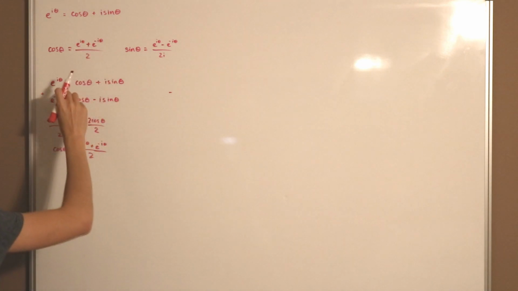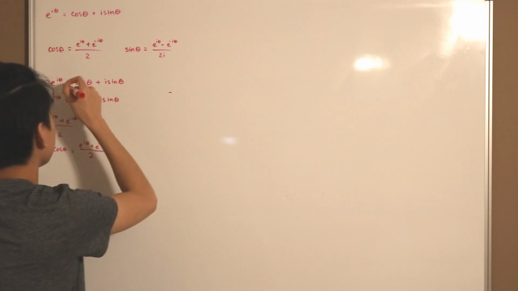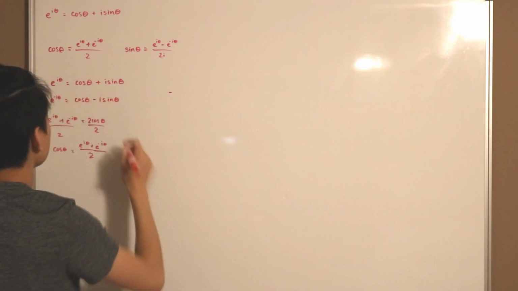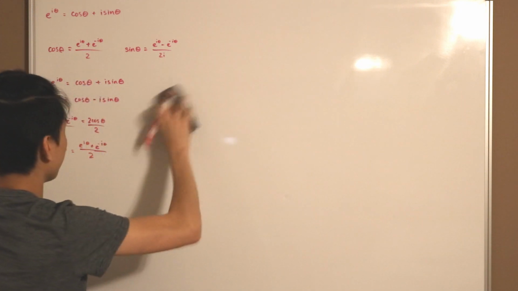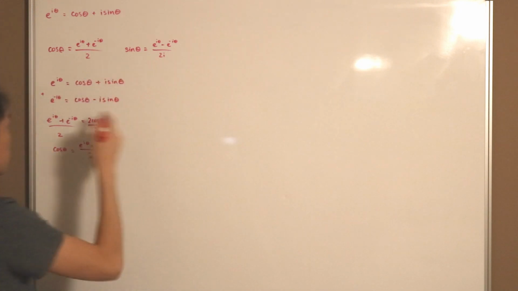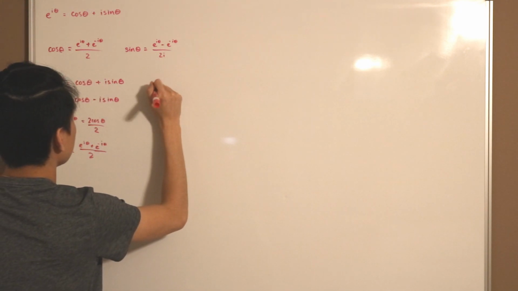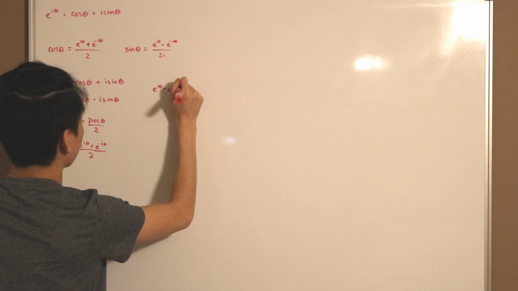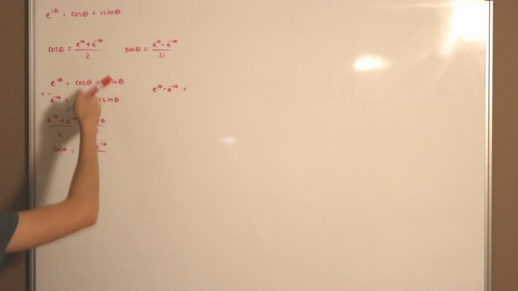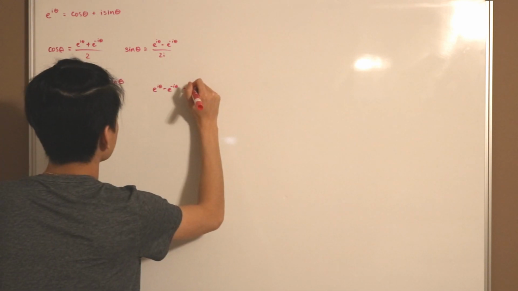And now let's actually subtract the two. If you subtract these, then you get e to the i theta minus e to the negative i theta equals cosine theta minus cosine theta, which is 0, and then the sine terms subtract.